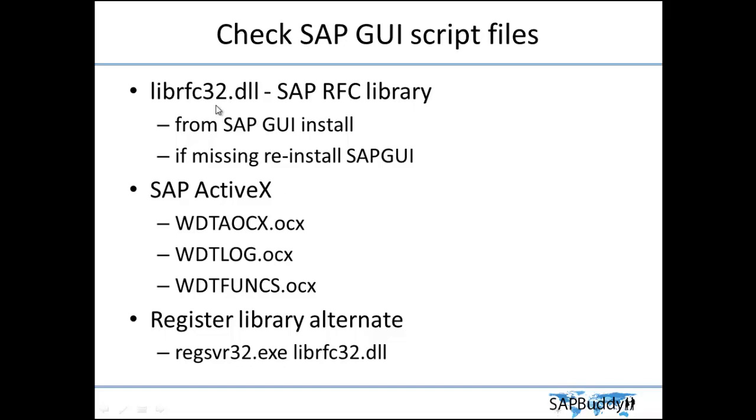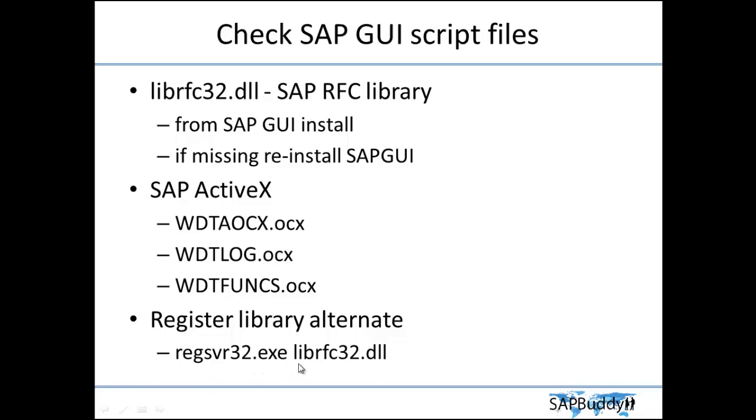The DLL file, as you know, should be registered with Windows. Generally it will be registered whenever you install SAP GUI. If in case it is not registered, for example if you are manually copying this file from a different system, you can register it with Windows.